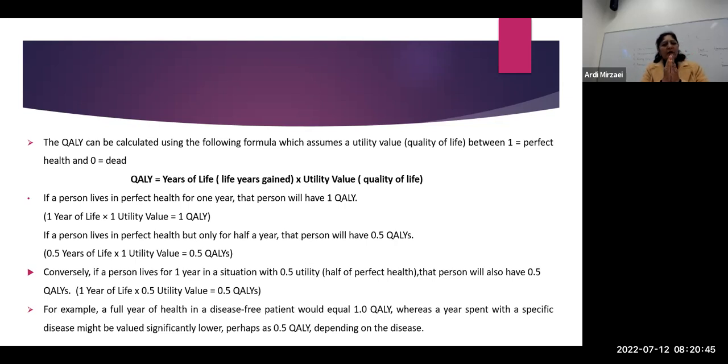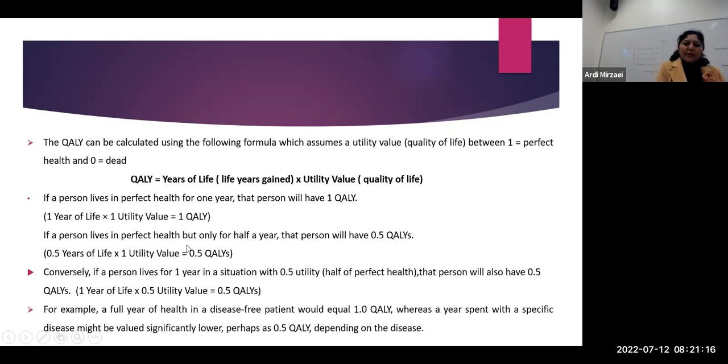So QALY is equal to years of life, that is life years gained, into utility value. For example, if a person lives in perfect health for 1 year, so 1 year of life, and perfect health means 1. Perfect health is 1. So 1 into 1 is 1 QALY.